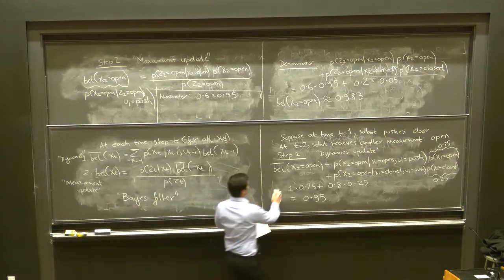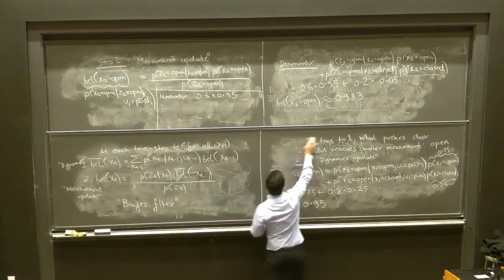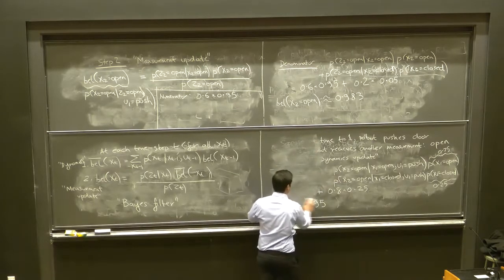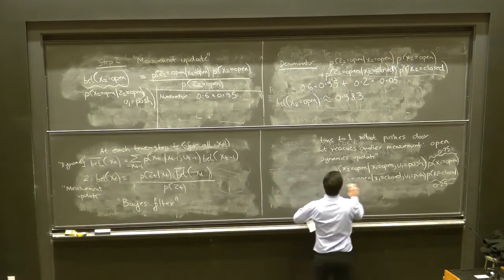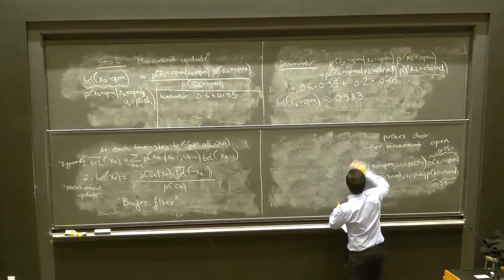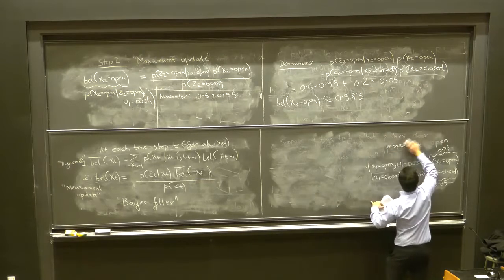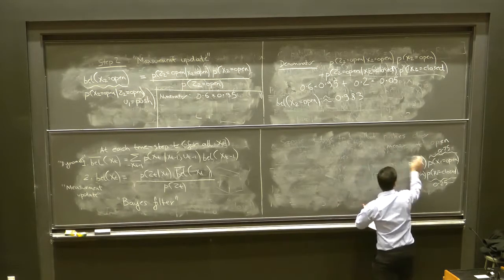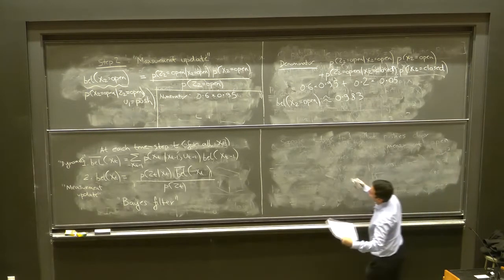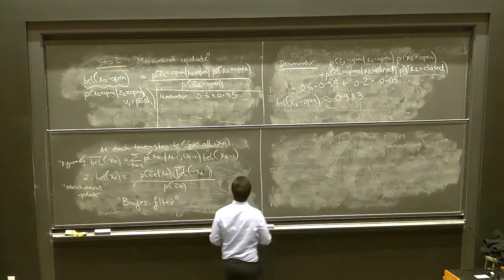The other comment is that I haven't really given you a formal justification for why this makes sense. I think the justification is that it's pretty similar to the non-deterministic filter. We do a dynamics update, then we do a measurement update.